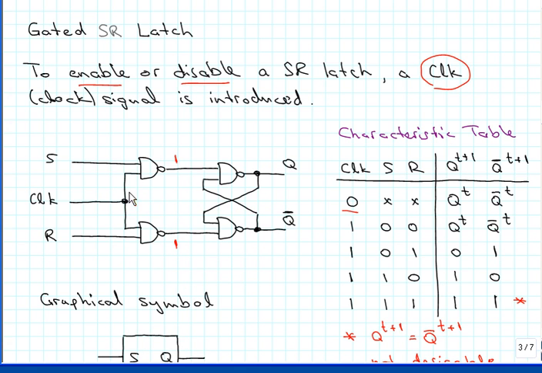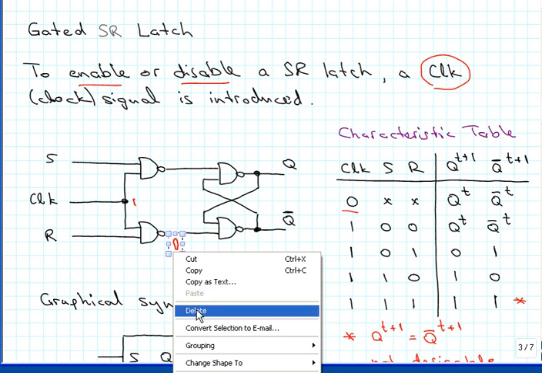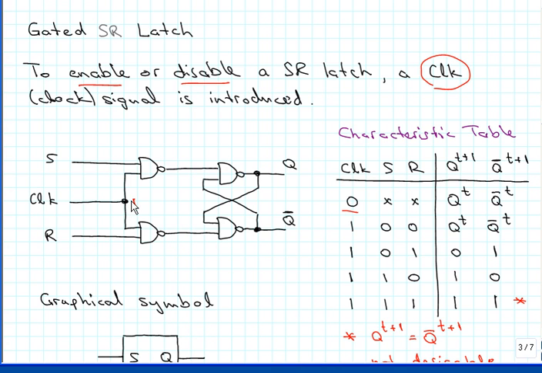So let's change this now to 1. Okay, so if the clock is set to 1, then those two NAND gates will actually pass whatever comes from the S input and invert it in the process. So if S happens to be a 1, let's take a look at that. If S happens to be a 1 and R happens to be a 0, then we would get two 1s here at this input that will create a 0 at the output here.